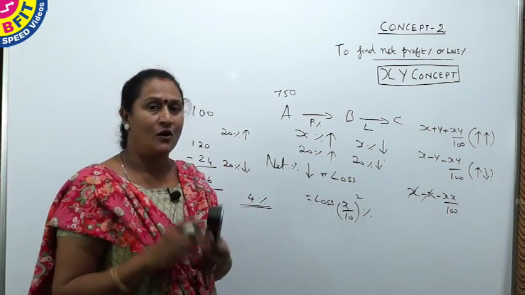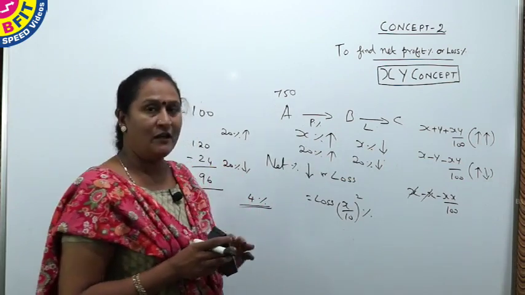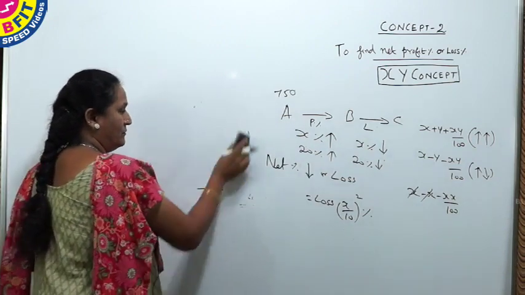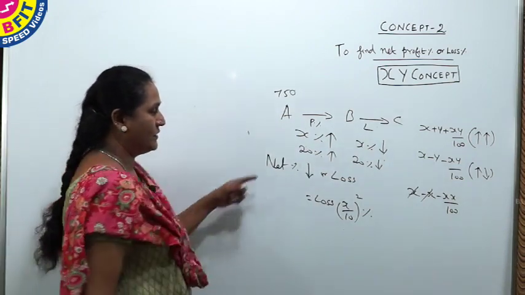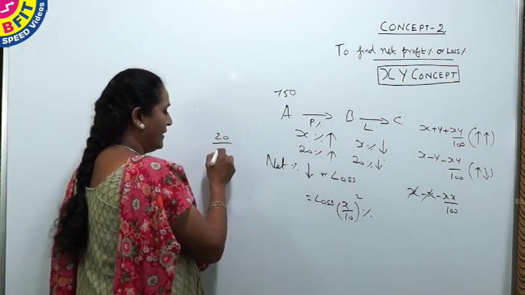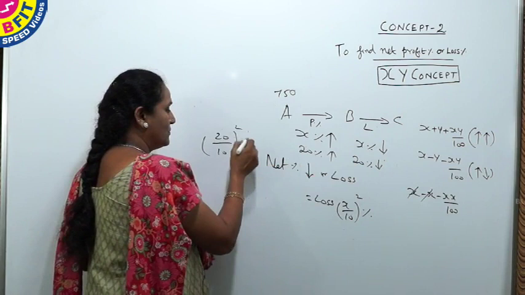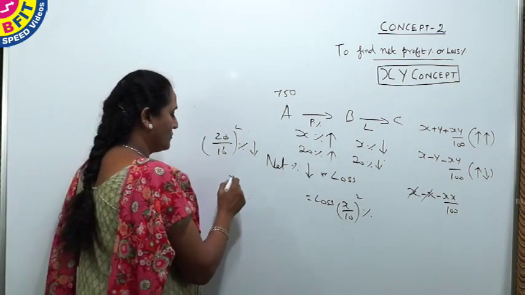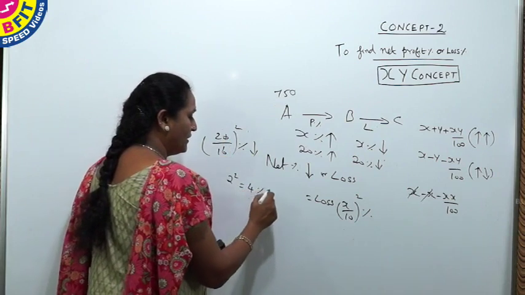So what will be the overall effect? The overall effect will always be a loss, equal to, what is the same percent increase and decrease? It is 20. So (20 by 10) the whole square percent loss. So it is 2 square, or 4% loss.